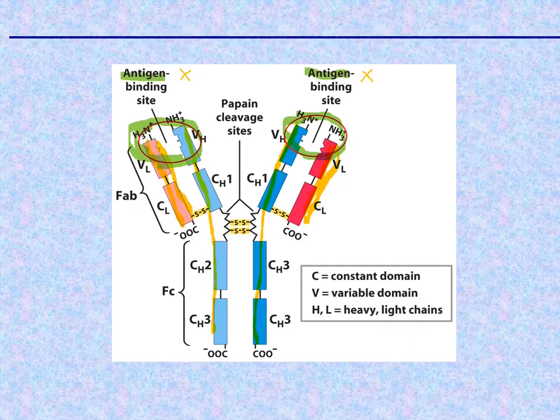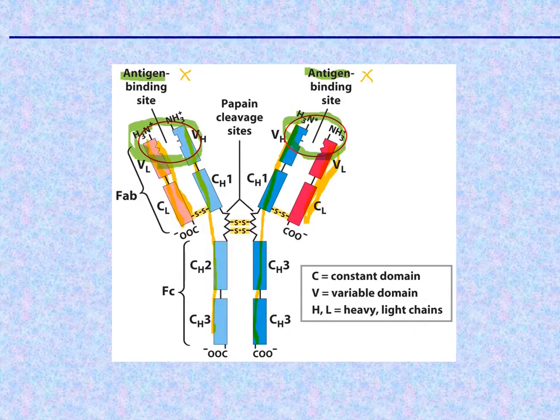Now, if you looked at a completely different B cell that was produced out of the bone marrow, it would have the ability to produce similar antibody molecules, but the antibody it produces would be specific for a different antigen.